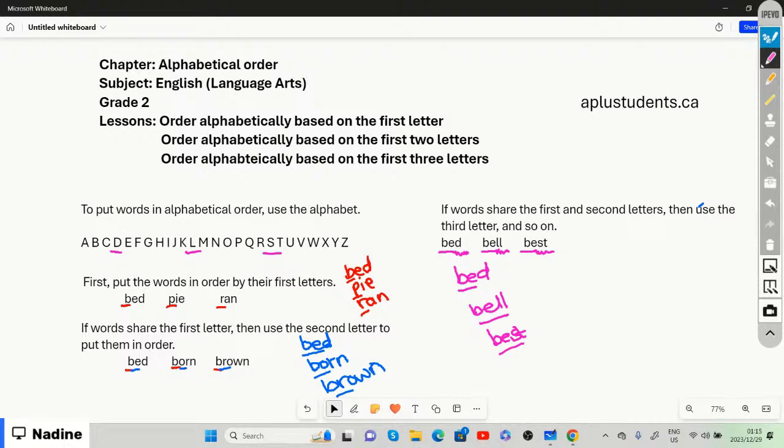And in order for us to put words in alphabetical order, you need to also know how to use the alphabet. So you need to know your alphabet, meaning you need to know the order from A to Z. We use our alphabet in order to put the words in order.